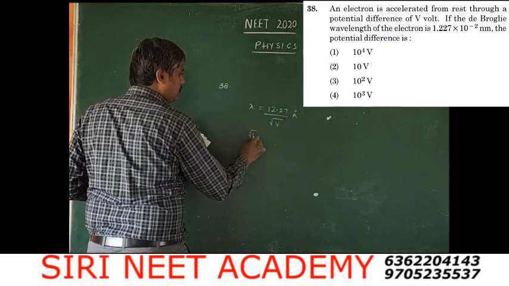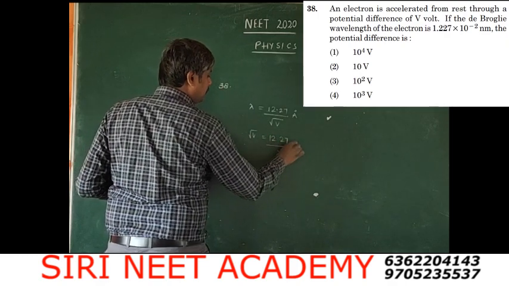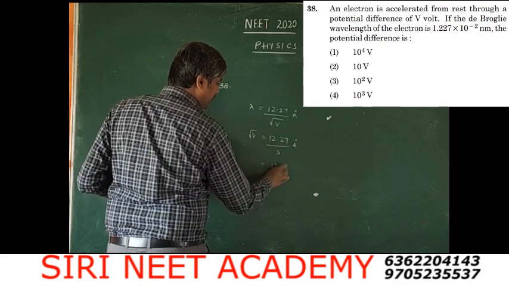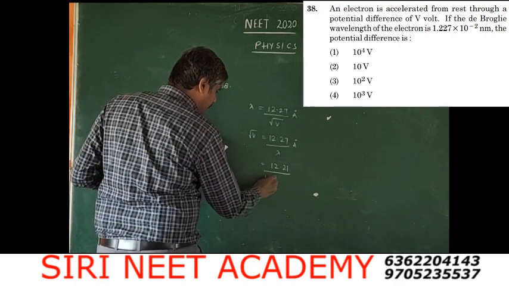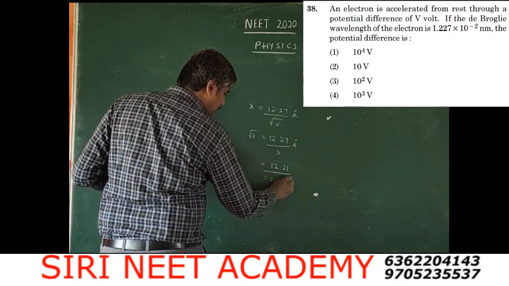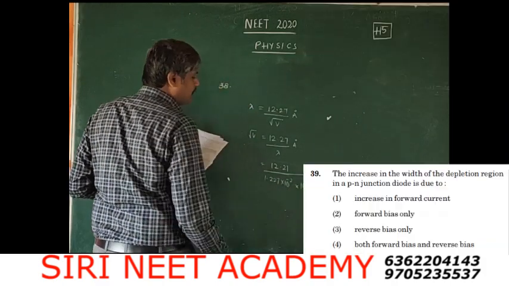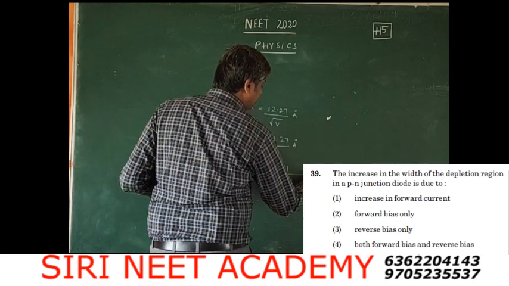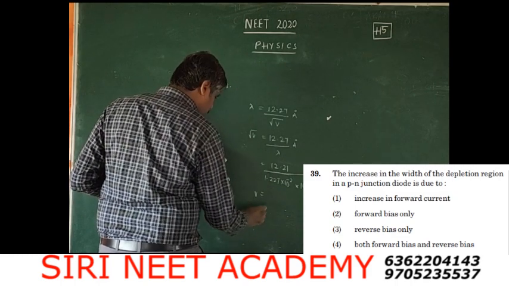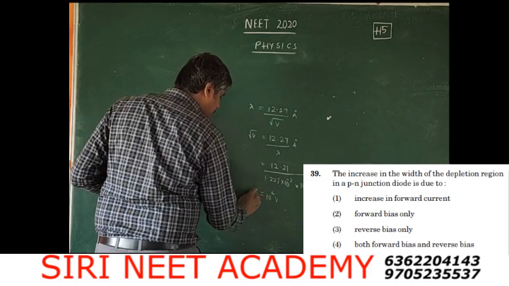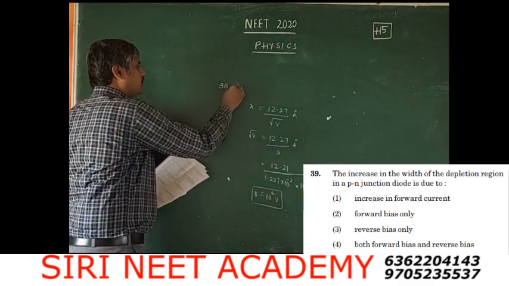So root V is equal to 12.27 by lambda in angstrom. Lambda is given to be 1.227 × 10^-2 nanometer, that is × 10^-9 meter, which is × 10^10 angstrom per meter. Solving this one, V turns out to be 10^4 volt. So the option corresponding to this answer is the first.